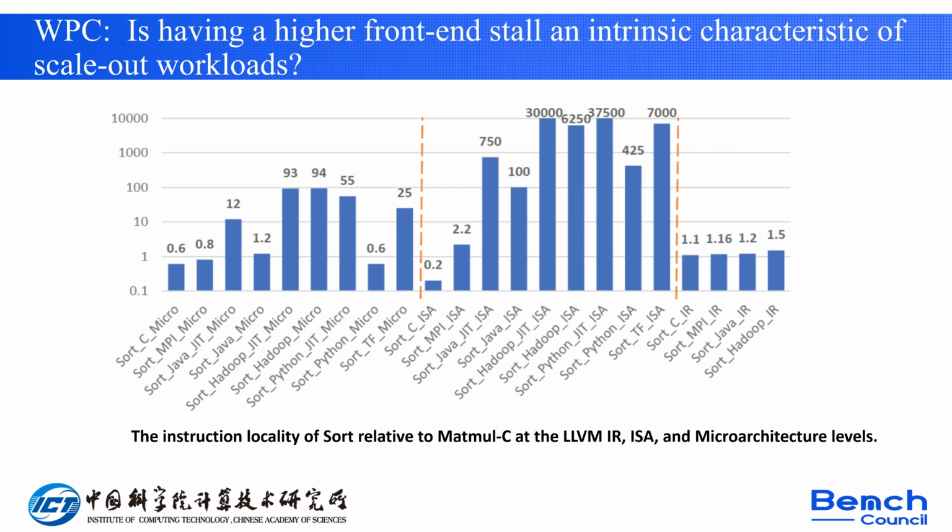We observe that different source implementations led to varied L1 instruction cache misses, and the implementation using a high productivity language like Java, Python, or a framework with a high productivity language like Hadoop and TensorFlow had higher front-end stalls than that of C, the traditional workloads.